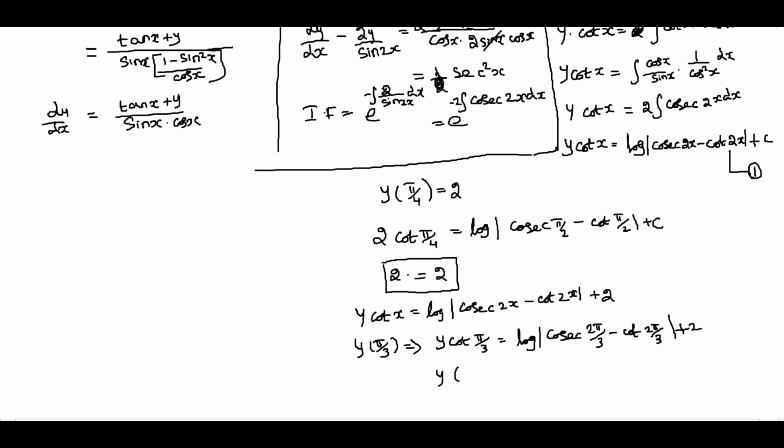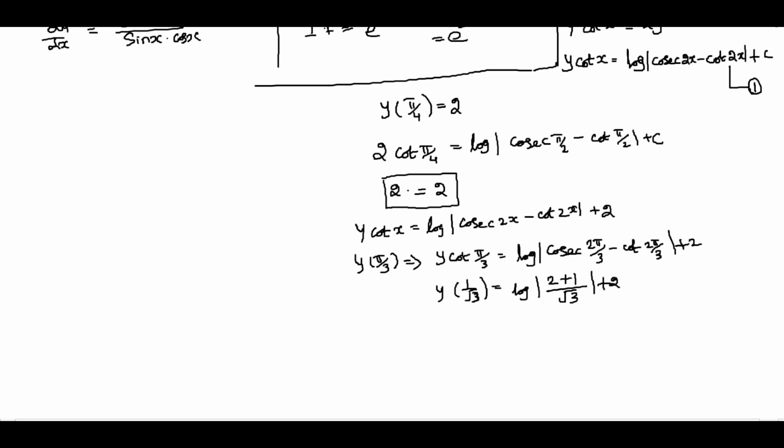So y into 1 by root 3 equals log mod 2 by root 3 plus 1 by root 3. So 2 plus 1 by root 3. Using the quadrant rule, the negative cot will be in positive form. So plus 2. So y into 1 by root 3 equals log root 3 plus 2.